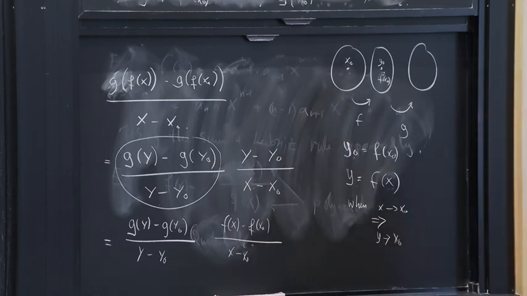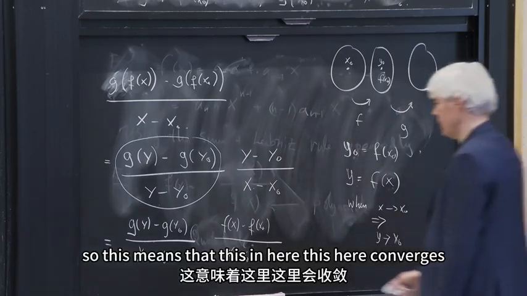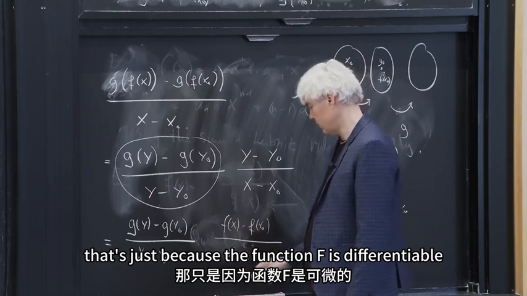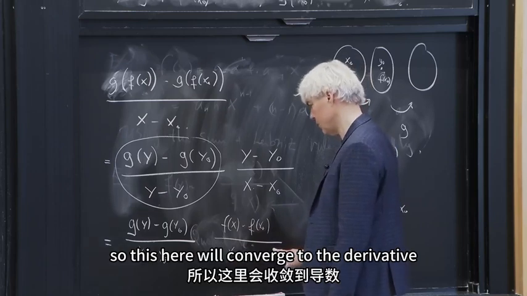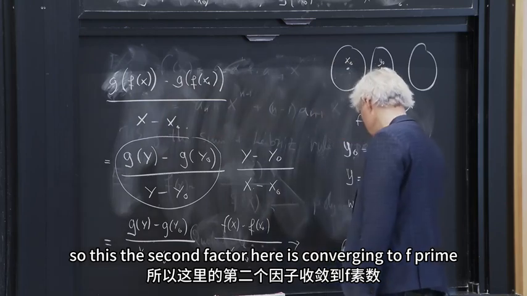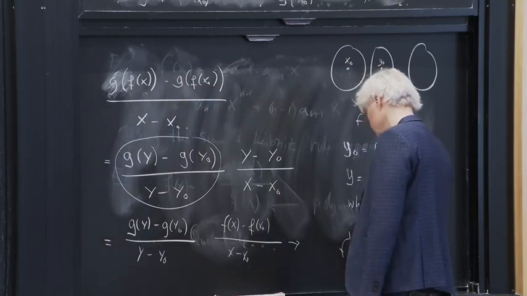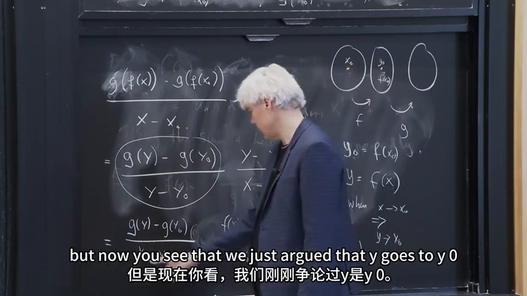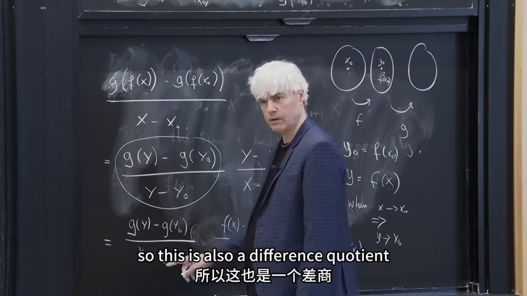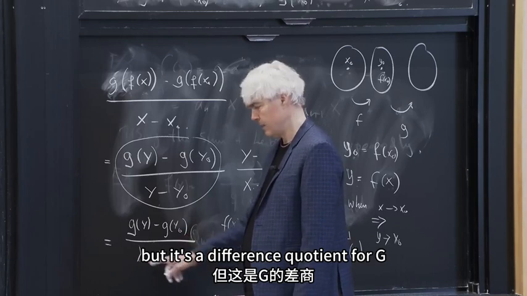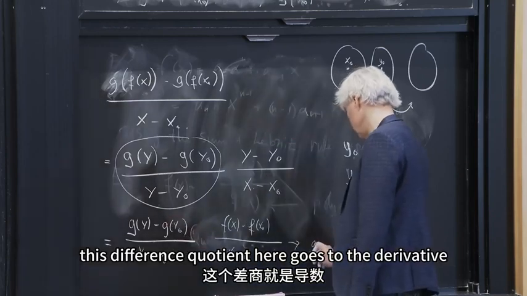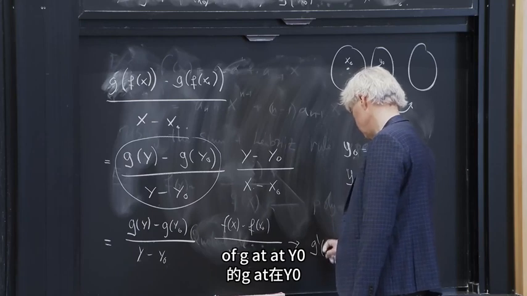So this thing here converges, just because the function f is differentiable. The second factor here is converging to f prime at x0. Now the first factor: we just argued that y goes to y0. So this is also a difference quotient, but it's a difference quotient for g. And since y goes to y0, this difference quotient goes to the derivative of g at y0.